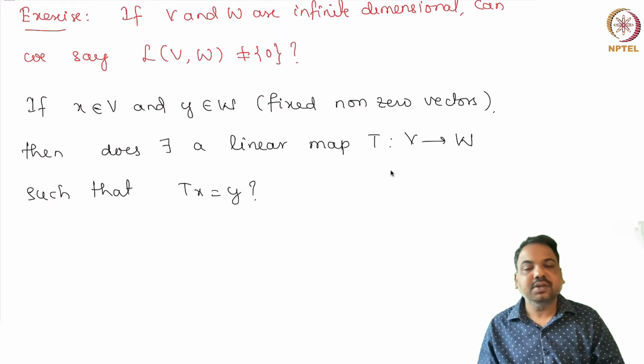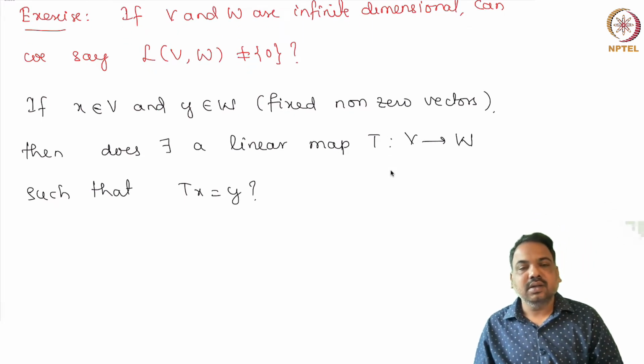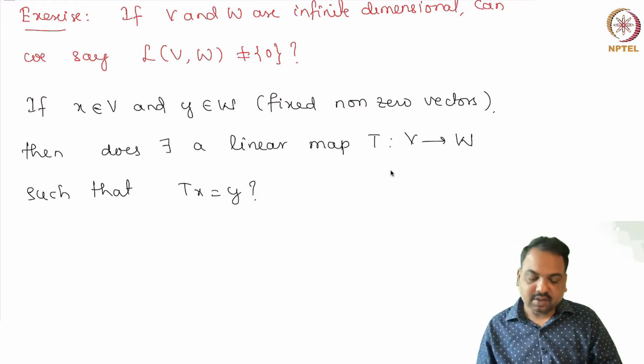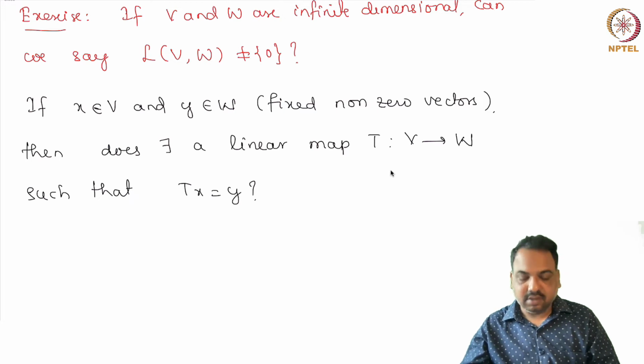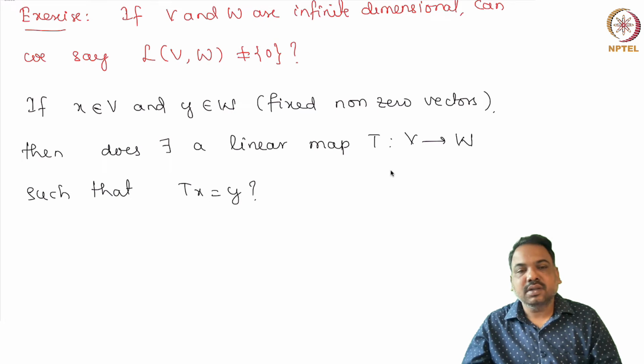If we can answer this question, then we can conclude that L(V,W) is non-zero. This is one way of answering the question. There may be other ways also, because our aim is to show that we get a linear map which is non-zero.